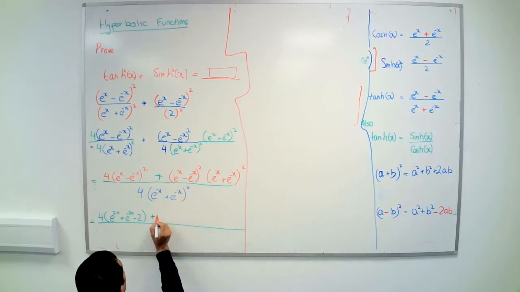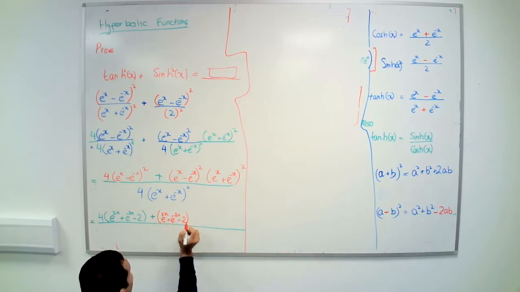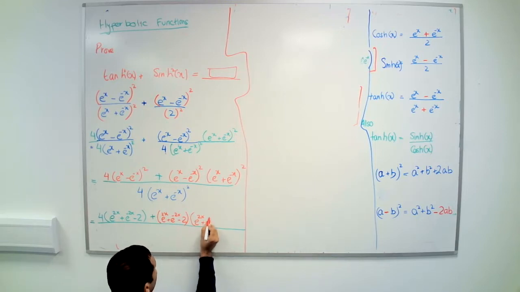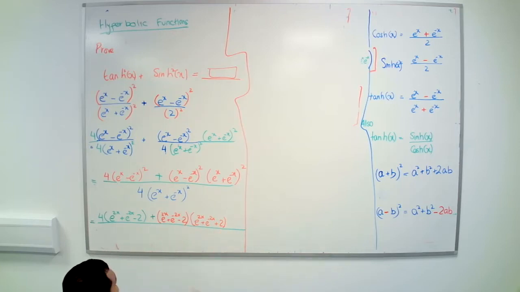The first one is exactly the same as this one, so that becomes 4 times (e to the 2x plus e to the minus 2x minus 2). And this one, when I open it up, becomes e to the 2x plus e to the minus 2x plus 2. The denominator, I cannot do anything about, so I'm just going to write it.